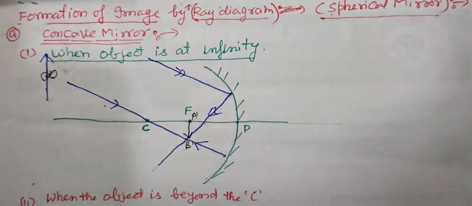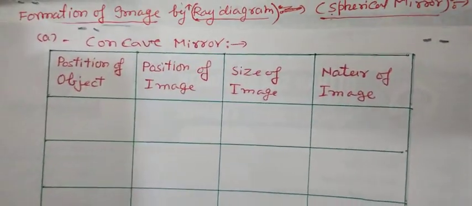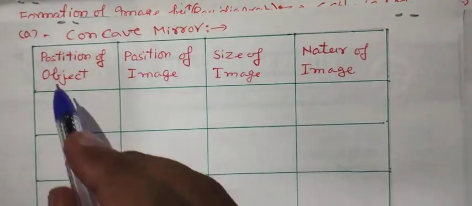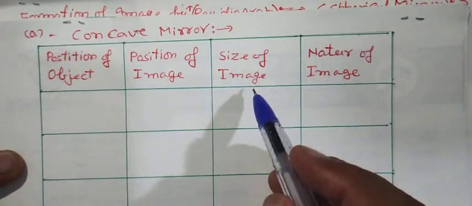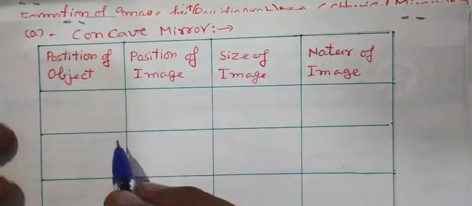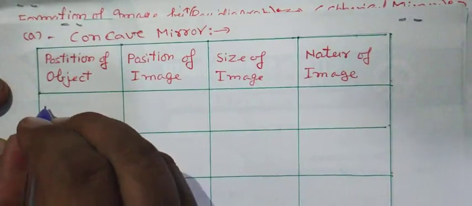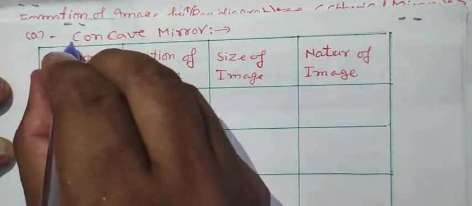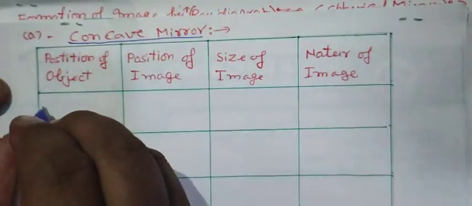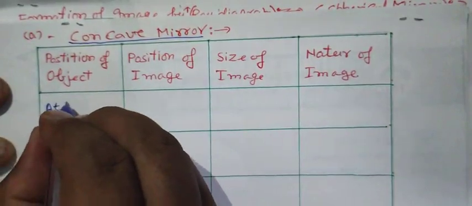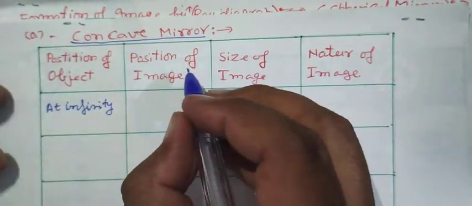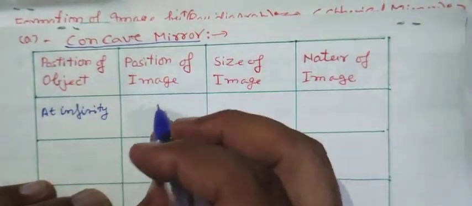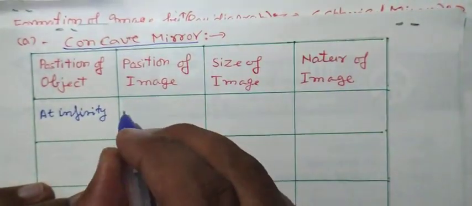So what we will do here, we will write in the table: position of object, position of image, size of the image, nature of the image. So in this case, the position of the image for a concave mirror is at infinity object, image is formed at focus.